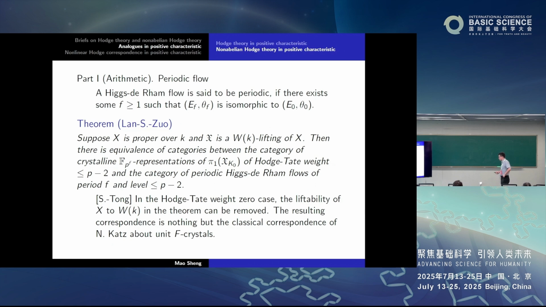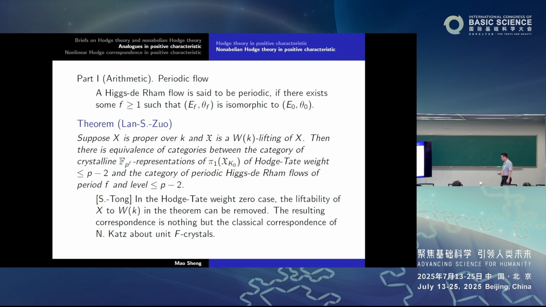So a very special case of the theory is the case where the Hodge-Tate weight is 0. In this case, we strengthen our original theorem. This is work with Jilong Tong. We show that this correspondence literally generalizes the classical correspondence by Katz about unit F-crystals.